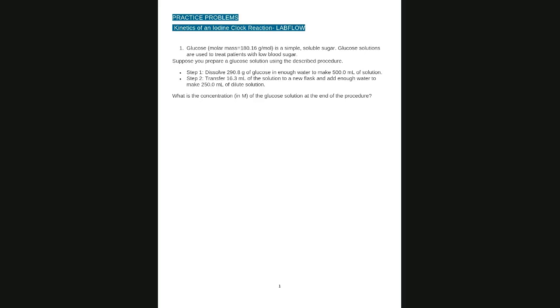Okay, so let's look at this first problem. Why did I add this to the learning check? Because there are some problems in the pre-lab quiz that are similar to this one. I usually put stuff you will need to do.